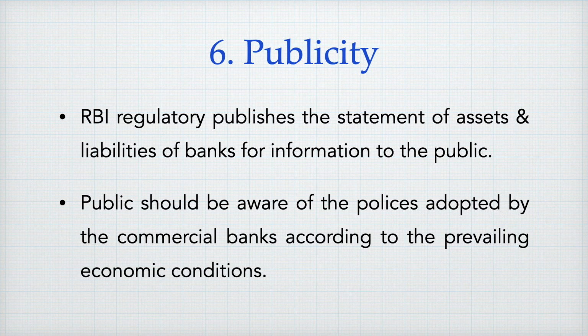The public needs to know what steps are taken by the RBI or the commercial banks. Public should be aware of the policies adopted by the commercial banks according to the prevailing economic conditions. Even on the RBI website, there is a section called announcements or recent decisions taken. So why is that mentioned? So that the public are aware of those decisions or policies.